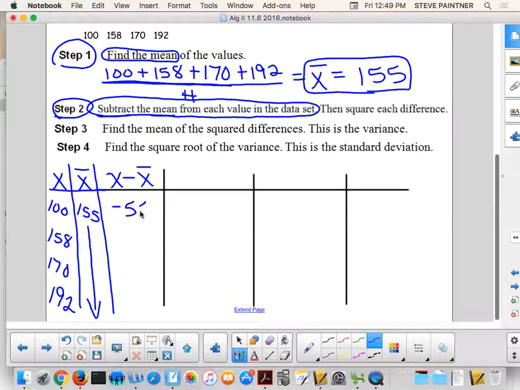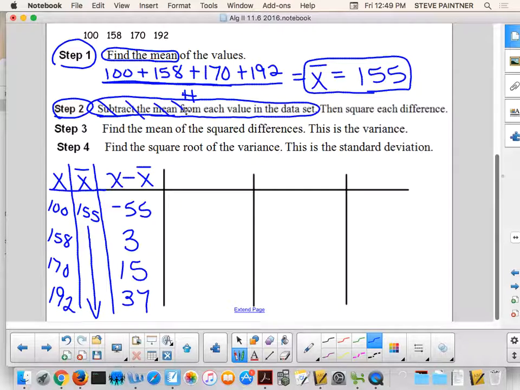And see, some of this is easy to do in your head, and some of it gets really difficult. 158, take away 155: 3. 170, take away 155: 15. 192, take away 155: 37. Okay. Good?